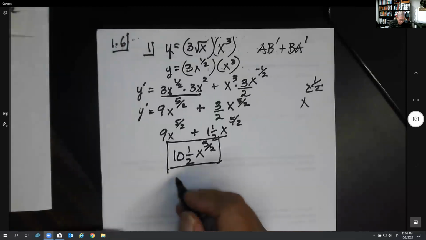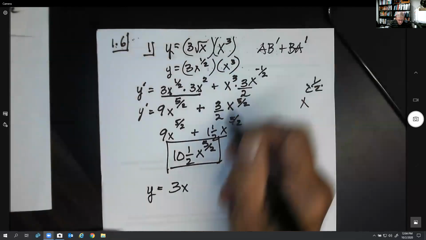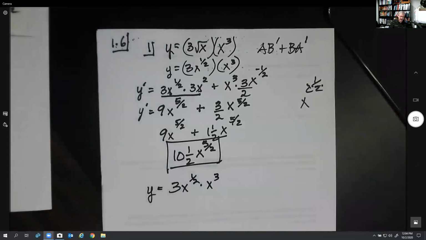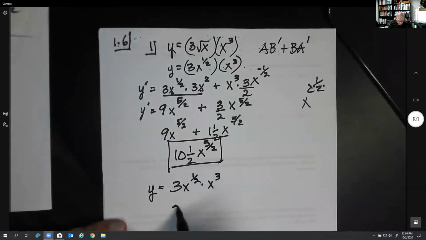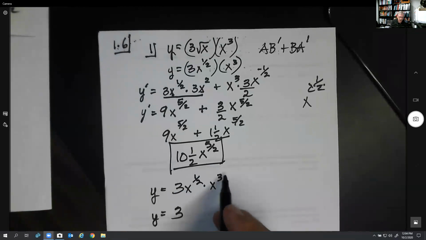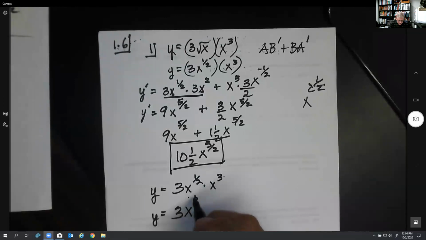Now, the easier way, after we simplify this, would have been just to multiply these together. If we were going to multiply these together, this is still y, this would be 3, we would add the exponents, 2.5 or 5/2. Now we could take the derivative. 5/2 times 3 would be 15/2.